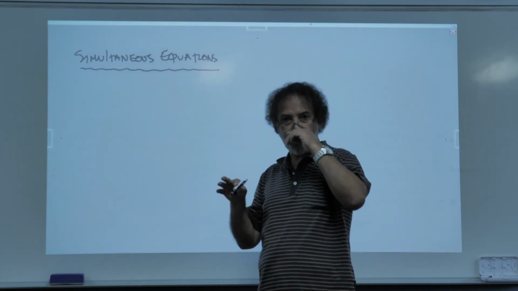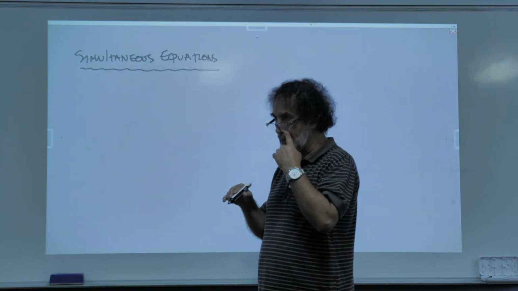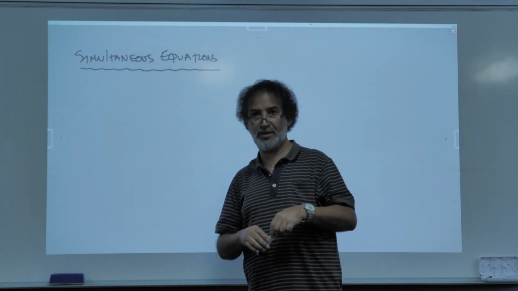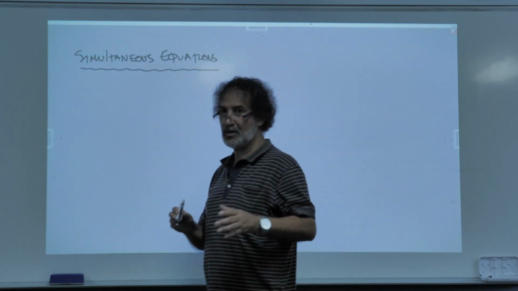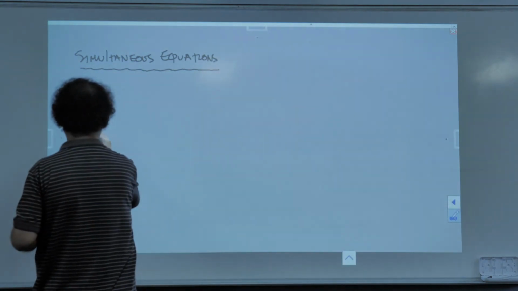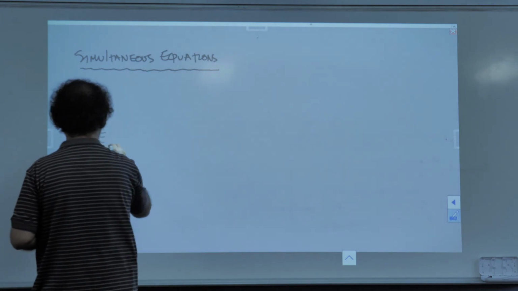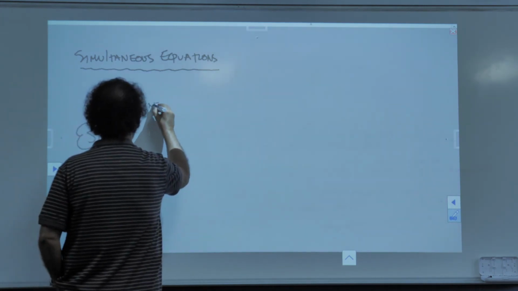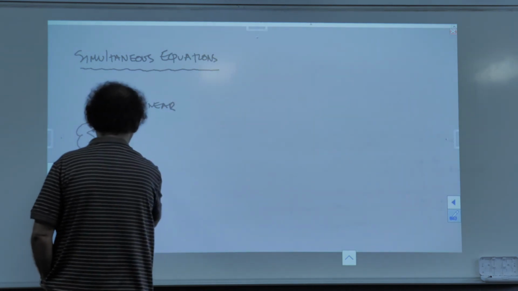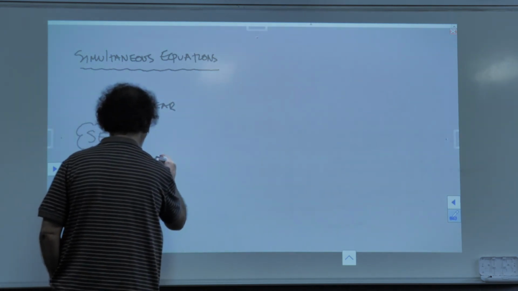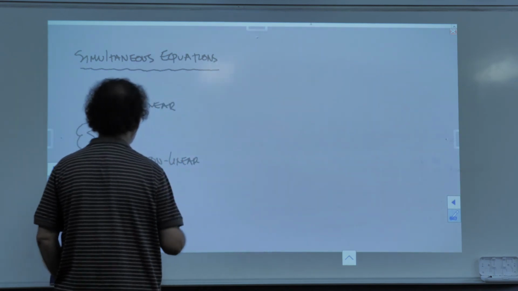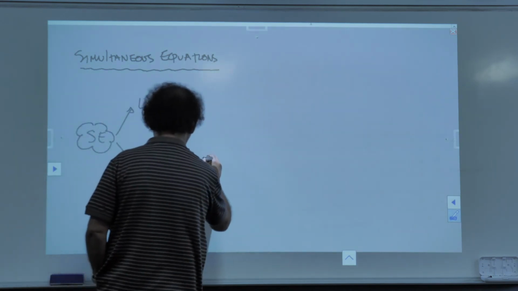Okay, in this course, we're going to be doing something that we call linear simultaneous equation and nonlinear simultaneous equation. And I'm going to explain to you what simultaneous equation is.